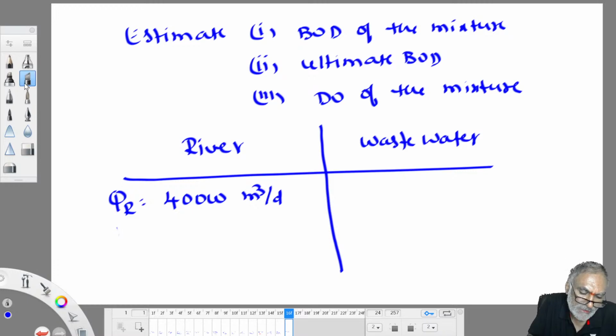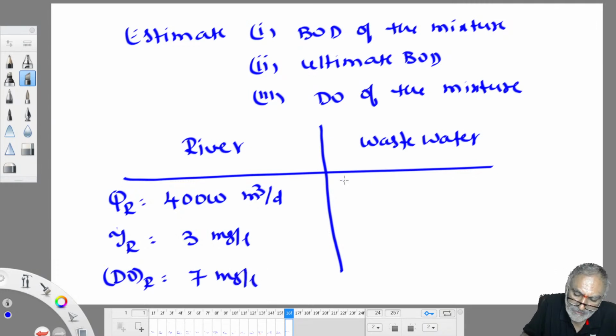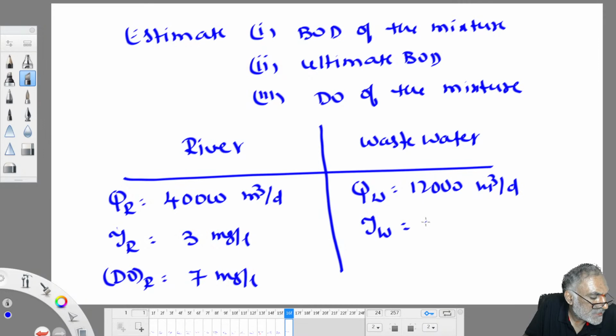BOD of river is given as 3 milligram per liter, and DO of river is given as 7 milligram per liter. Q of wastewater is given as 12,000 meter cube per day. BOD of wastewater is given as 50 milligram per liter, and DO of wastewater is given as 2 milligram per liter.